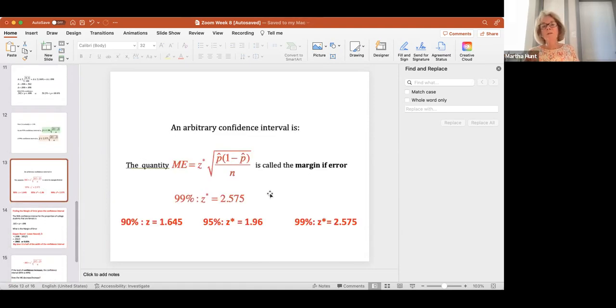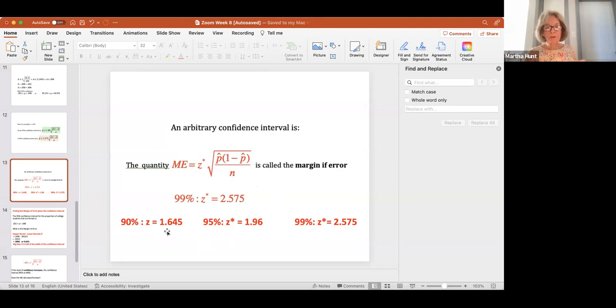Reminder, your homework is going to talk about the margin of error. What's the margin of error? It's the quantity that you add and subtract. It's give or take so much. What about the Z-score? That depends on the confidence level.